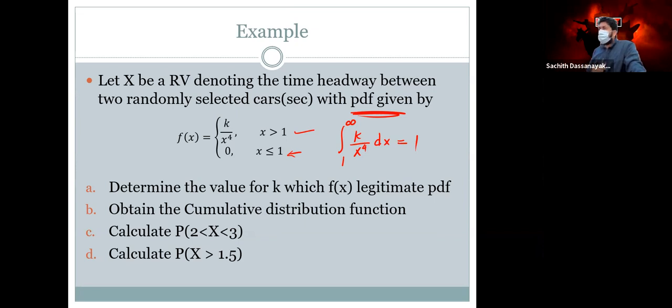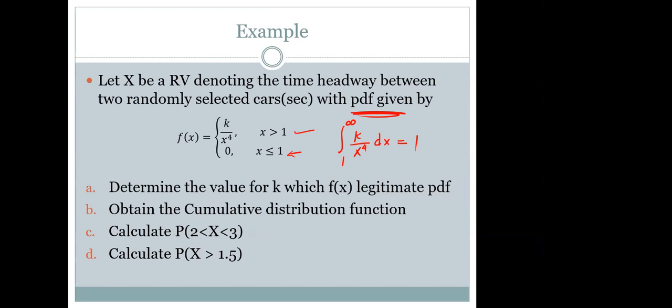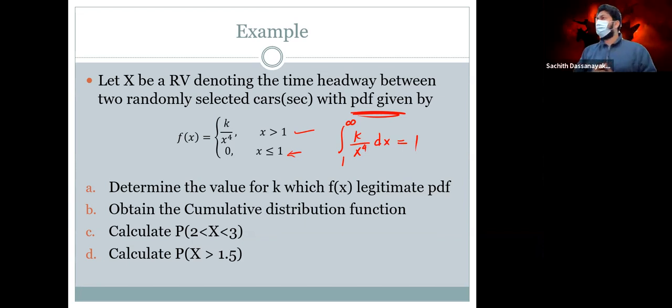This is a very common problem using integrals. You can solve this. I'll show you how we do this, but the idea is this. We use those conditions to solve simple stuff. Determine k. First we need to find k.